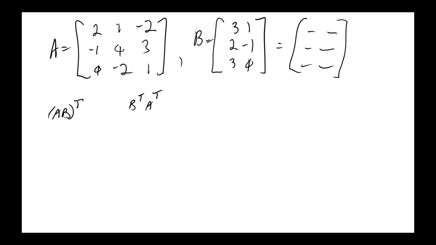Not that hard. 6 plus 2, right? The first row of A times the first column of B. 6 plus 2 is 8.